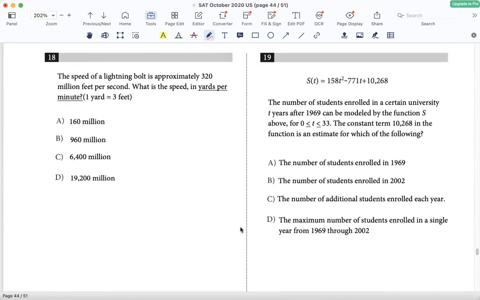The speed of a lightning bolt is approximately 320 million feet per second. What is the speed in yards per minute? Okay, so 320 million feet per second.